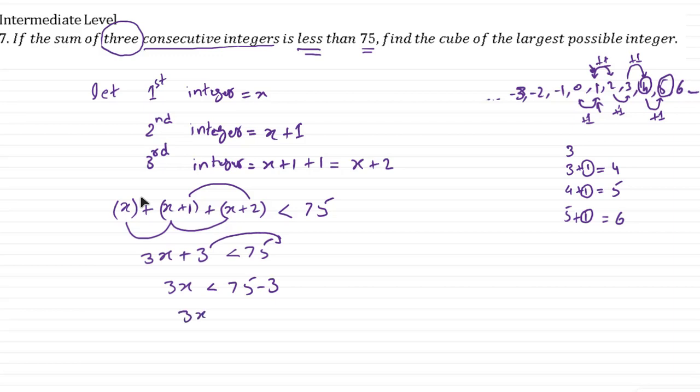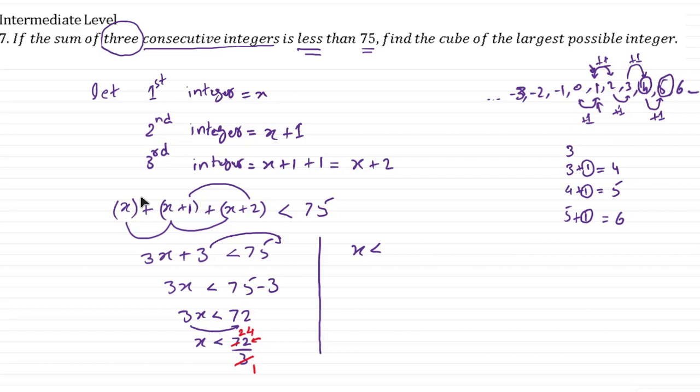3x is less than 72 and x is less than, we will divide 72 by 3. 72 divided by 3. x is less than, 3 ones 3, 2 3s are 6, and this 2 will become 12. 4 3s are 12.